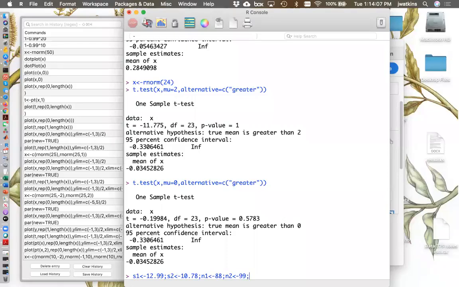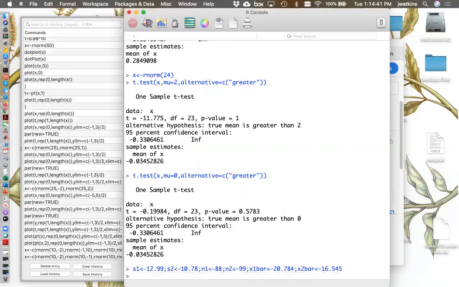And I need an X1 bar, which is 20.784, and an X2 bar, which is 16.545.